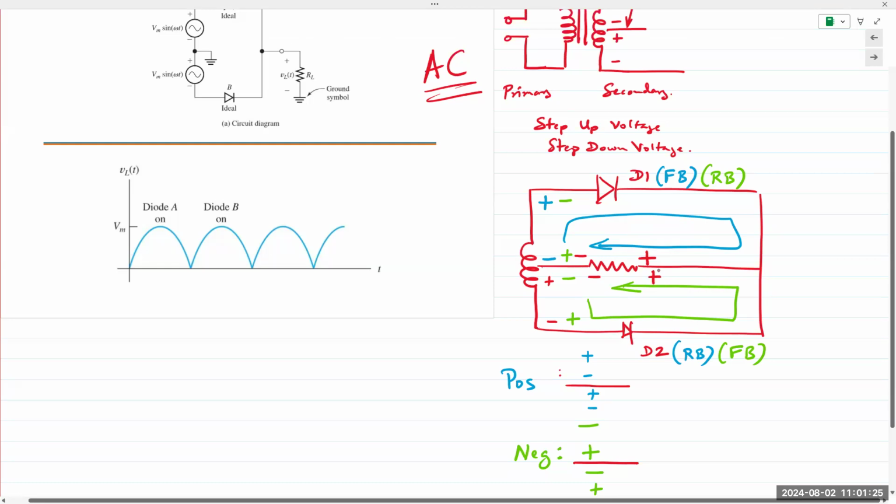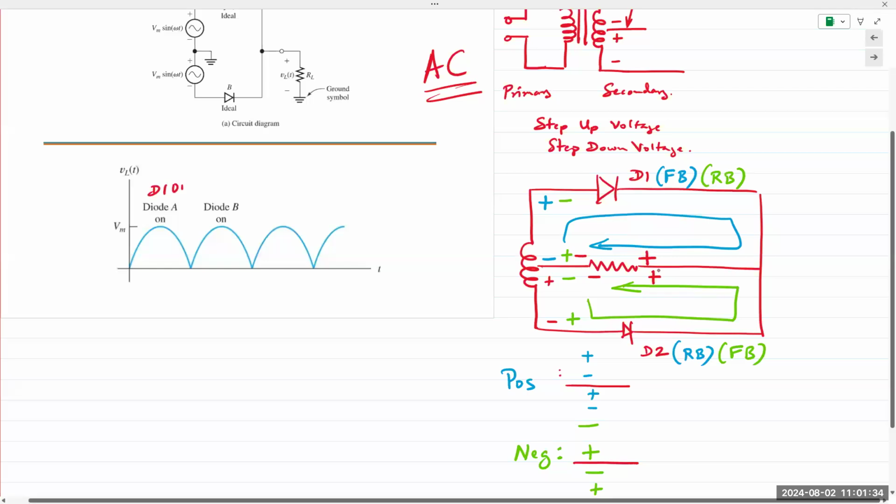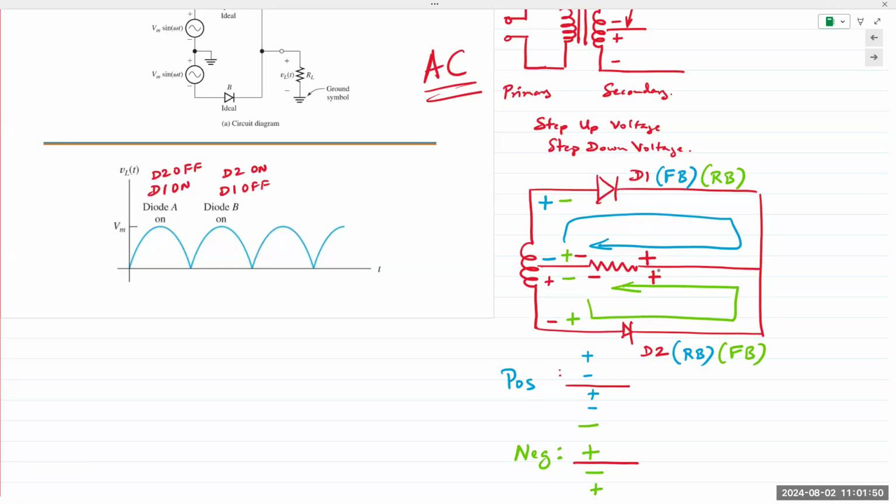So for a positive half cycle, diode D1 is on. Here I would say D1 on, D2 off. D1 off, and D2 on. The result is that for the load resistor, the current flows in the same direction for both cycles, and so both halves are rectified to DC.